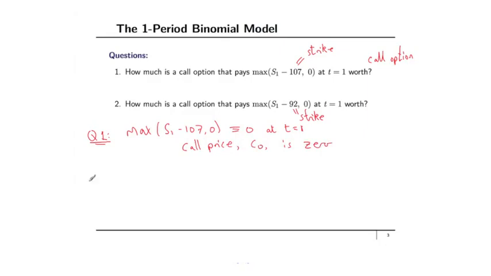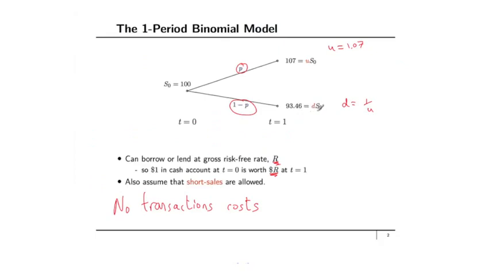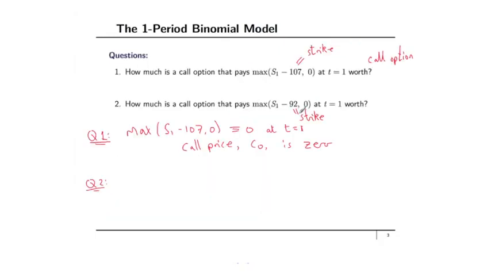Okay. For question 2, it's also quite straightforward. Again, the strike here is $92. If I go back to my binomial model here, I see that the smallest possible price at time t equals 1 is 93.46. So no matter what, I can write the maximum of S1 minus 92 and 0 as S1 minus 92.